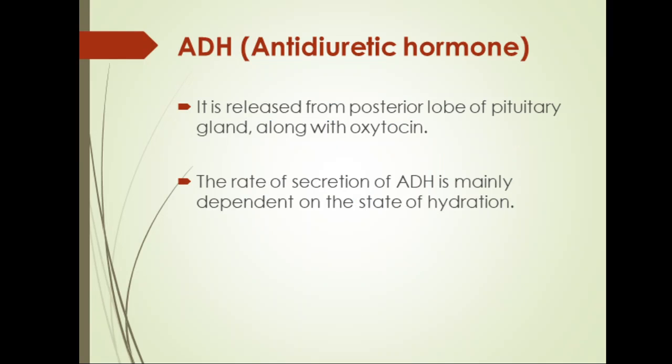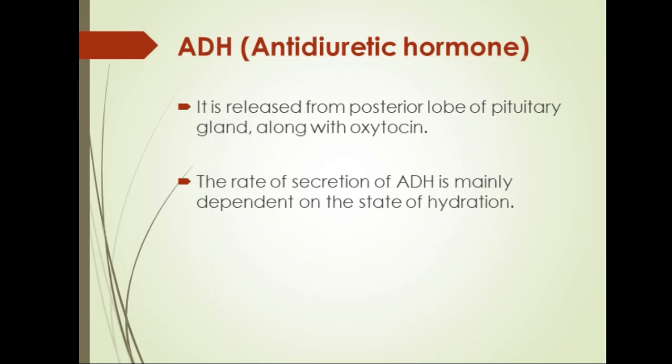Next, about antidiuretic hormone. As we know, hormones are secreted by endocrine glands, and the pituitary gland is an endocrine gland which has two lobes, the anterior lobe and the posterior lobe. This hormone, antidiuretic hormone, is secreted by the posterior lobe along with oxytocin.